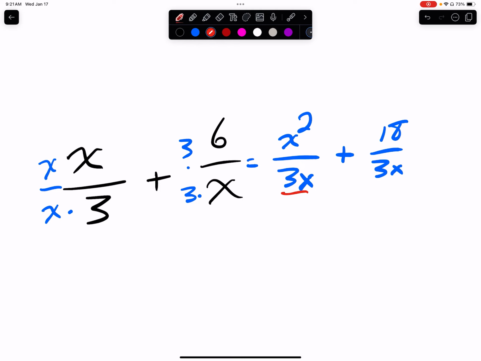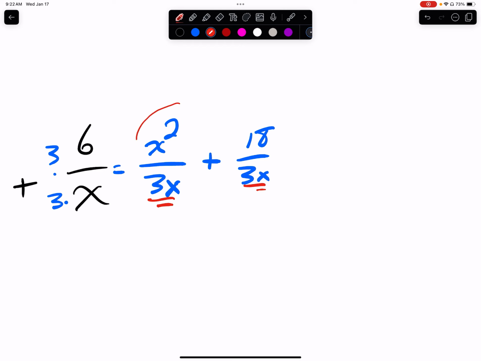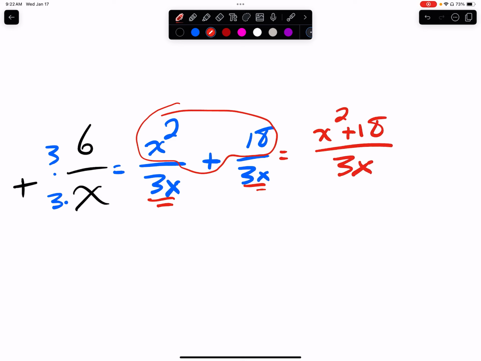So you can see what we have here is a common denominator. So all we're going to do is just combine what's on the top. So just be careful with your combinations here. X squared plus 18, all divided by 3x. And that's as far as you can go. You can't simplify the numerator or the denominator even farther, okay?